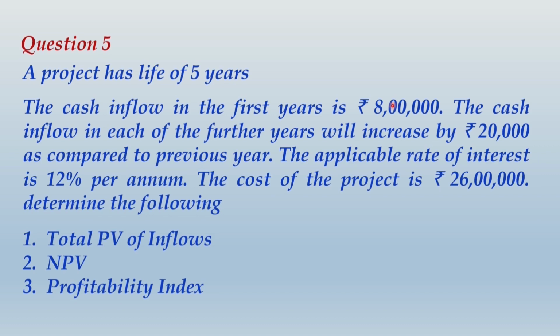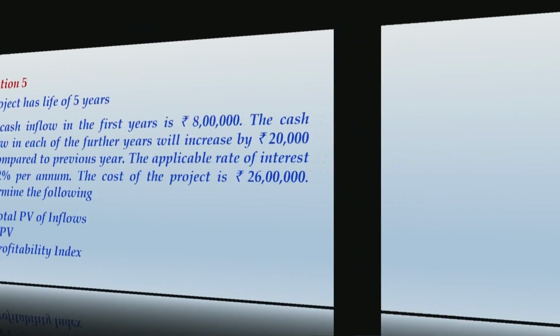We will convert all these cash inflows into their present values, and that will be the total present value of cash inflow. From that, when you subtract 26 lakhs, it will be the present value of cash outflow, and the net amount resulting will be the net present value. Let me show you how to do these calculations.